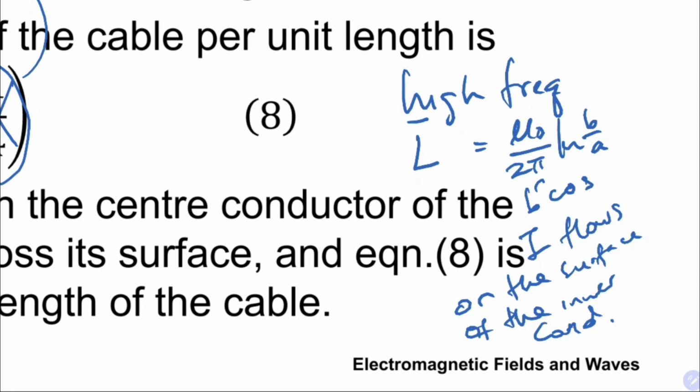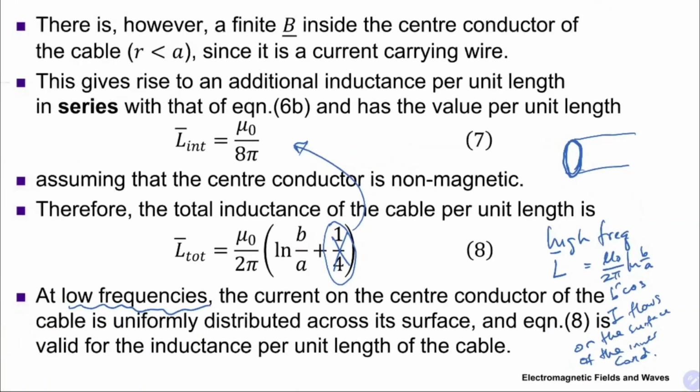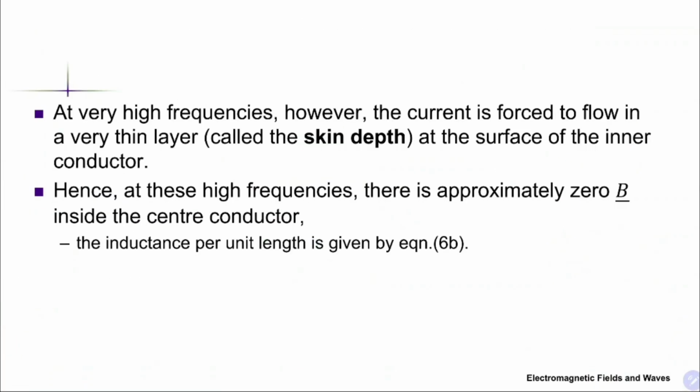That is the inductance for coaxial cable. At very high frequency, the current flows in a very thin layer at the surface of the inner conductor, so the magnetic flux density is approximately 0 inside the center conductor.